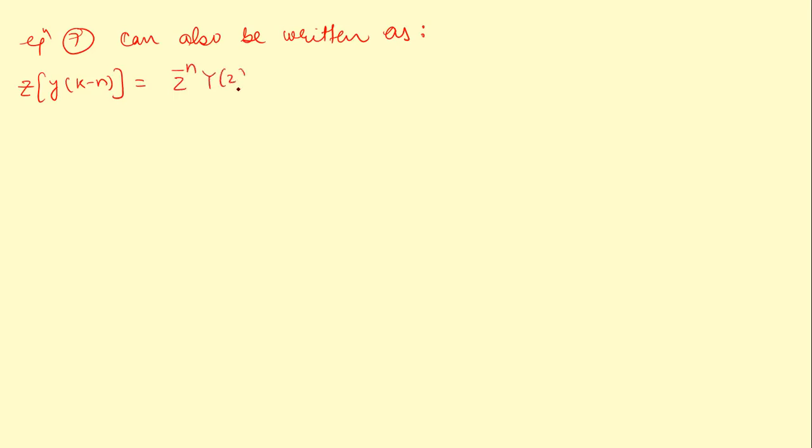So this equation number 7 can also be written as the z transform of y(k-n) is equal to z raised to the power minus n Y(z), and then we have plus z raised to the power minus n minus 1 y(-1) plus z raised to the power minus n minus 2 y(-2) plus z raised to the power minus n minus 3 y(-3), and so on, right?